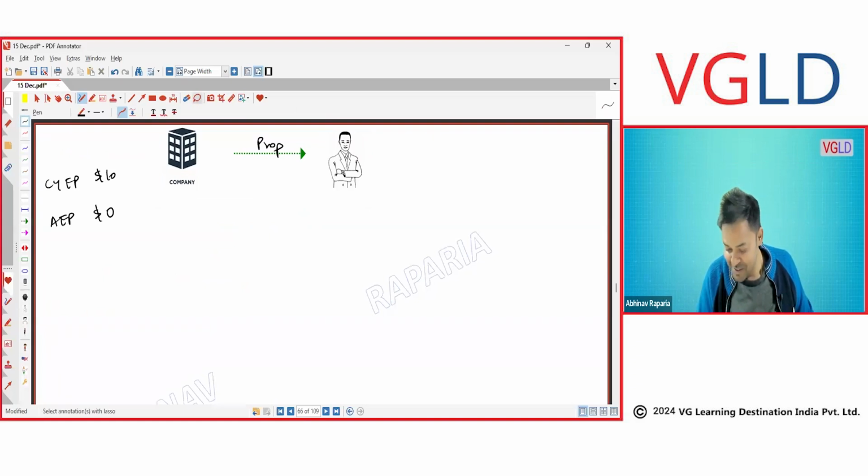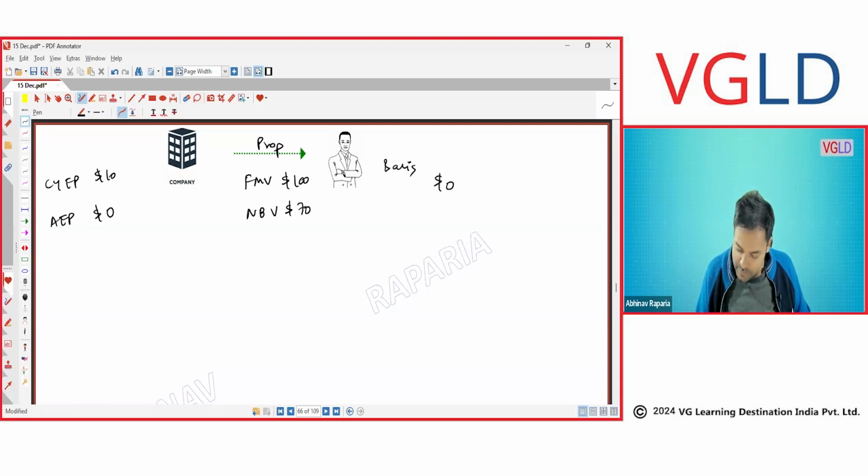Fair market value is 100. The basis of the property here is 70. And let's keep it simple. My shareholder's basis here is 0. Tell me the basis value. Yes, Shalini. Tell me capital gains here. Tell me the step 4 value.